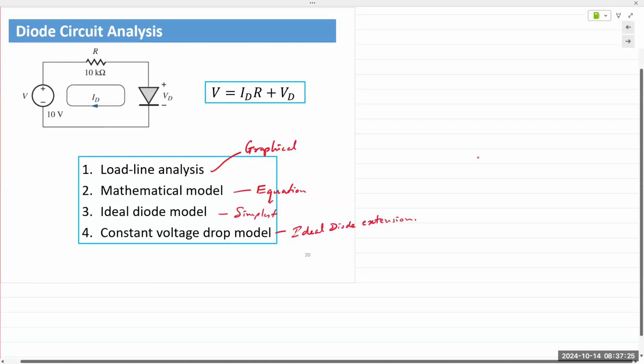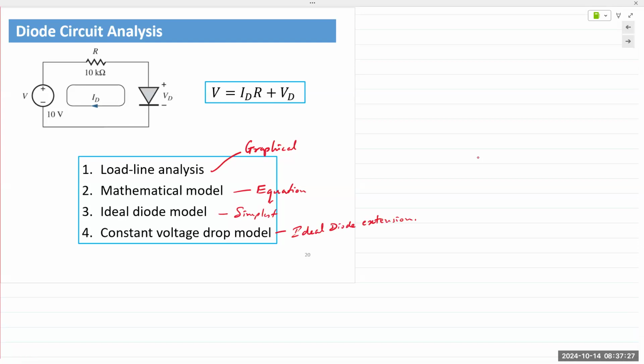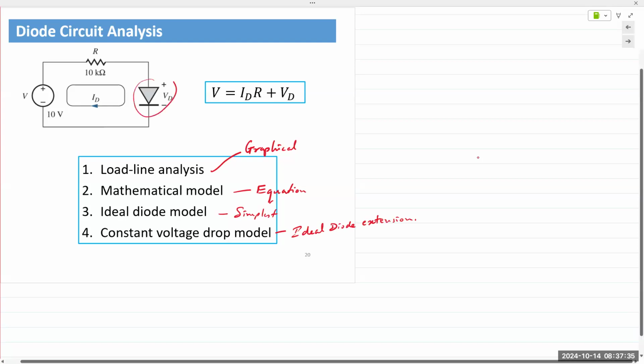So we have a simple circuit given to us with a single diode, single voltage source, and a single resistor. Three components in the circuit: 10 volts, 10,000 ohms, and a standard diode. If we write a KVL expression around the circuit, we obtain this equation right there.